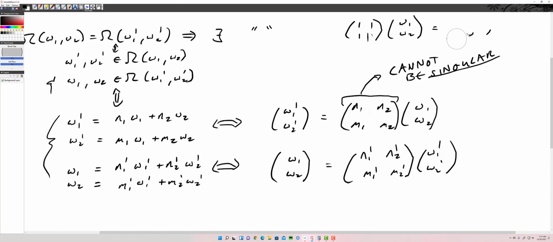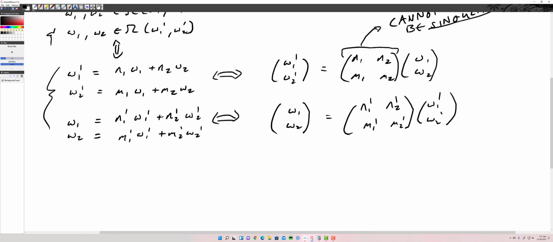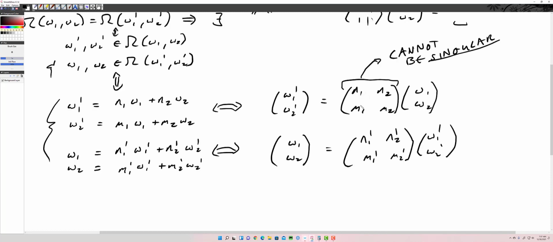What that means is that if this is singular, the result is not going to have a non-real ratio. So this has to have some non-zero determinant. Let's call this m, times omega 1, omega 2, and we'll call this n, times omega 1 prime and omega 2 prime.